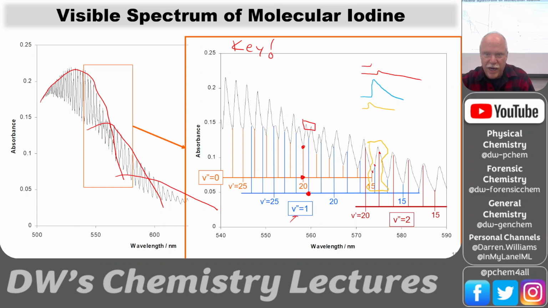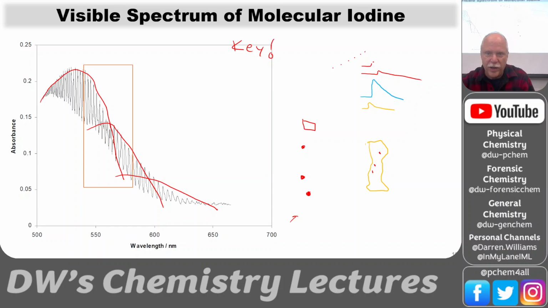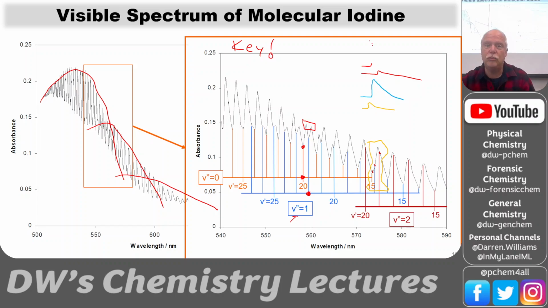It's coming up, you see a change in slope, and then it changes again. The slope goes up, and then it changes again, and then it goes up again, and then it comes around the top, and then it changes again and comes down.